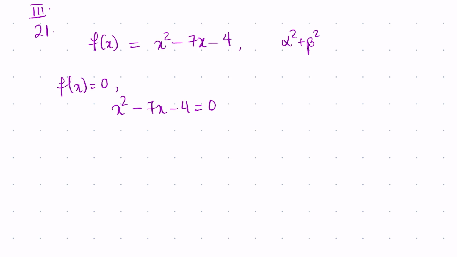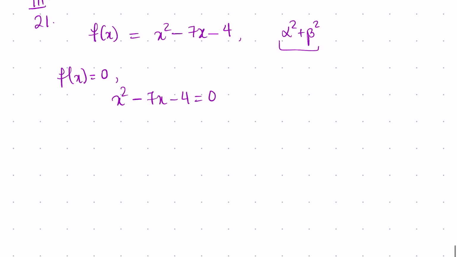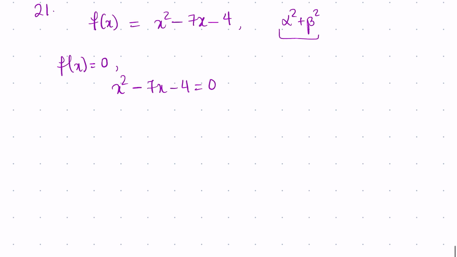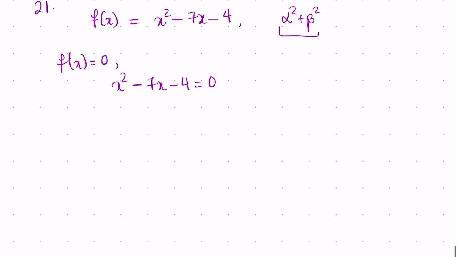Okay, we need to find alpha squared plus beta squared. Let's try to simplify that. So what is alpha squared plus beta squared equal to? Can I write it as alpha plus beta whole squared minus 2 times alpha times beta?